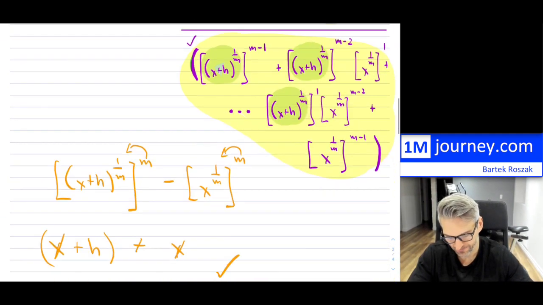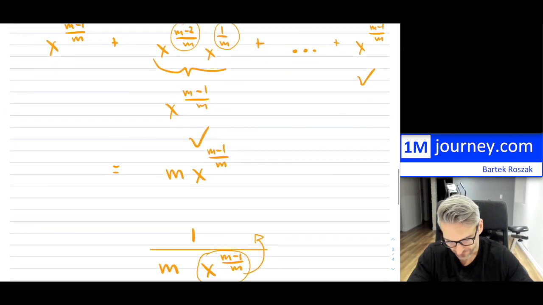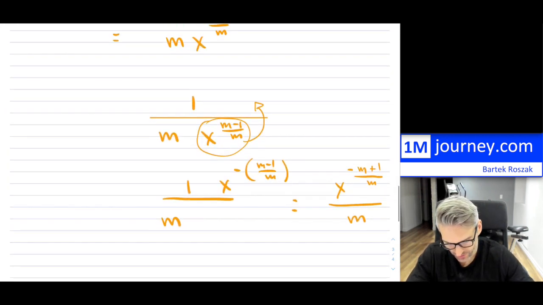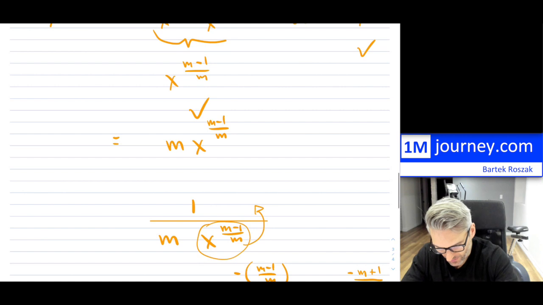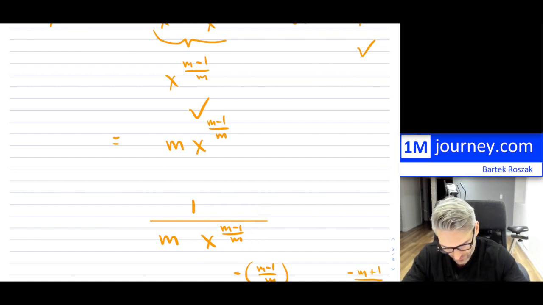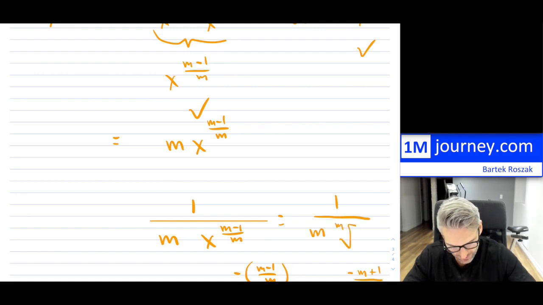So if you were stuck at this point, this is equal to 1 all over m times the mth root of x to the m minus 1.